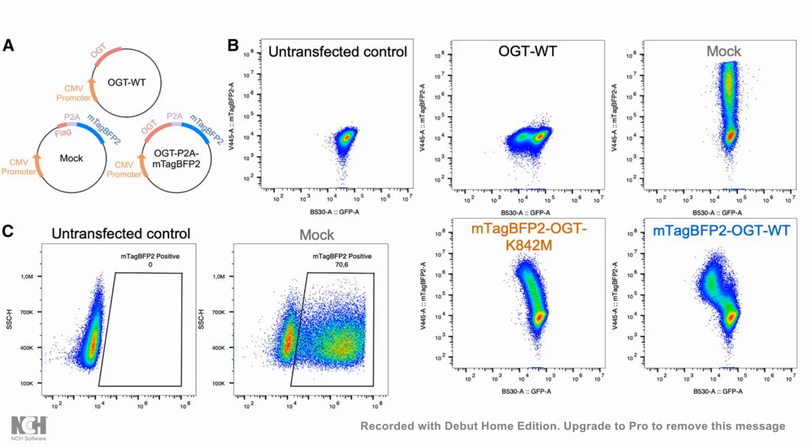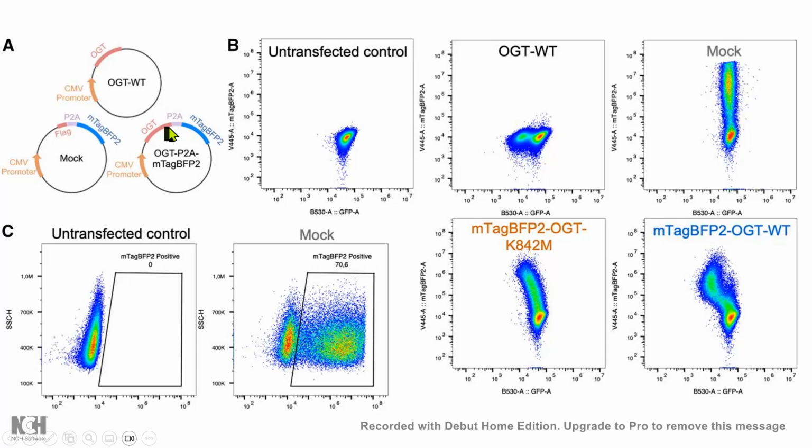But now we want to see the consequence of adding OGT at the same time. So this is why I gave the title of the talk as The Joy of P2A, because the P2A is actually stolen from viruses, and it's a clever way of making a single promoter produce two different proteins. First, the CMV promoter, cytomegalovirus, expresses the OGT that is lovingly cloned into this vector.